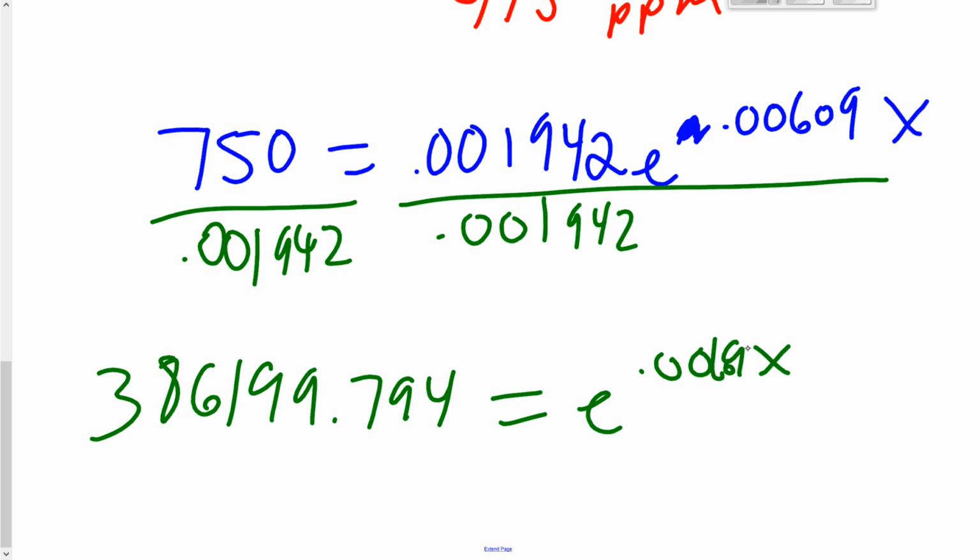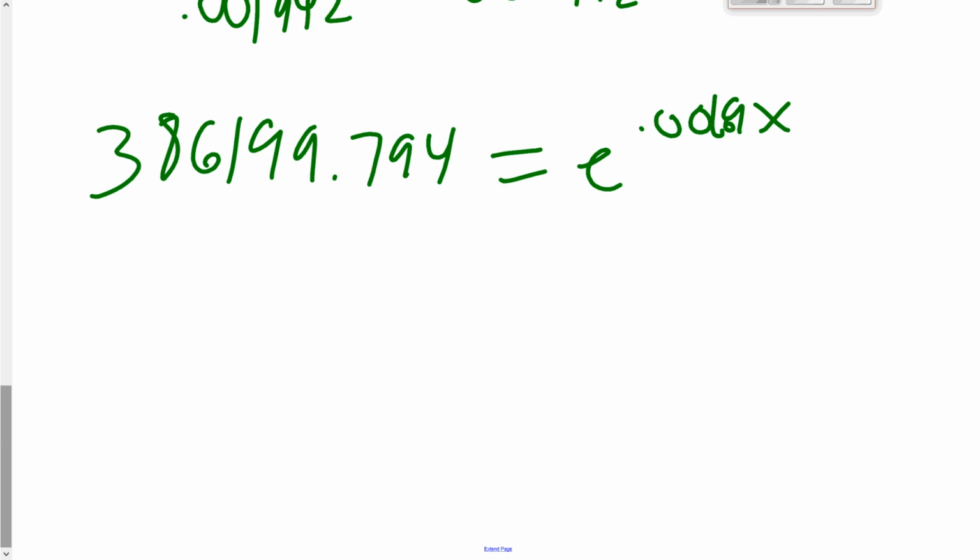Now I need to get that x out of the exponent, right? There can be a few ways to solve this. We haven't quite learned it yet, we will learn it in the next section or so. But we could switch this to a log, which you know how to do.